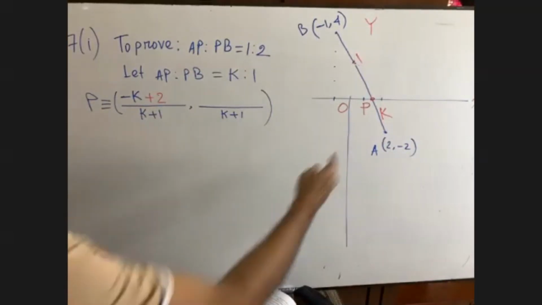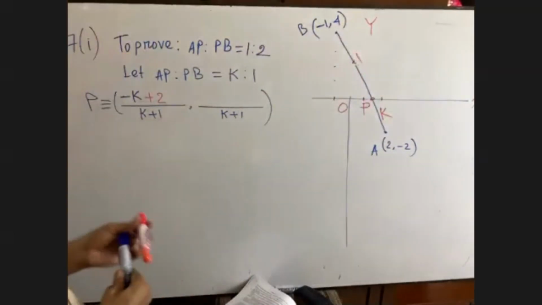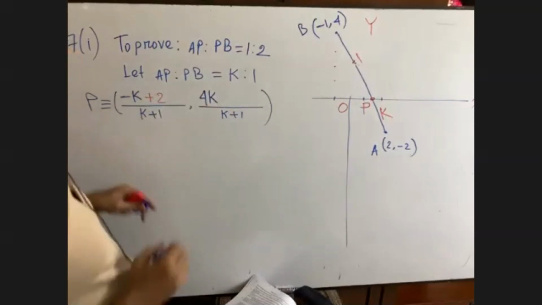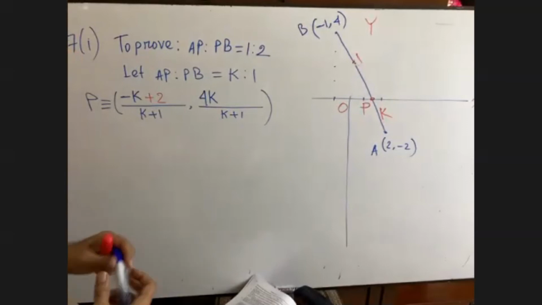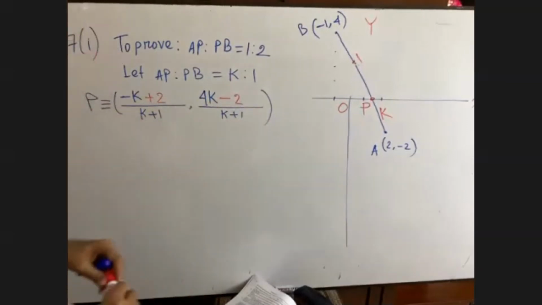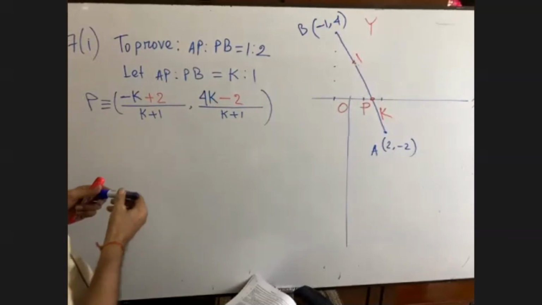Again, K into 4, that is 4K, and 1 into minus 2, that is minus 2. At P, we get Y equals to 0. Write down.